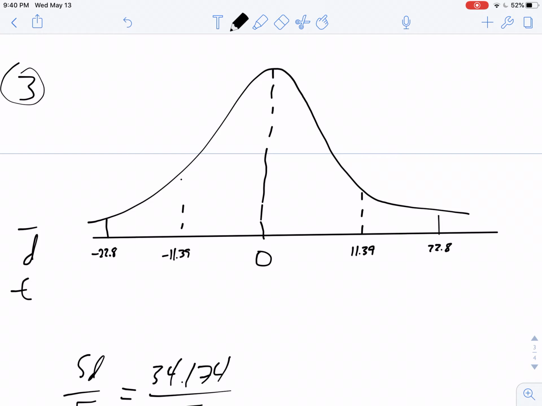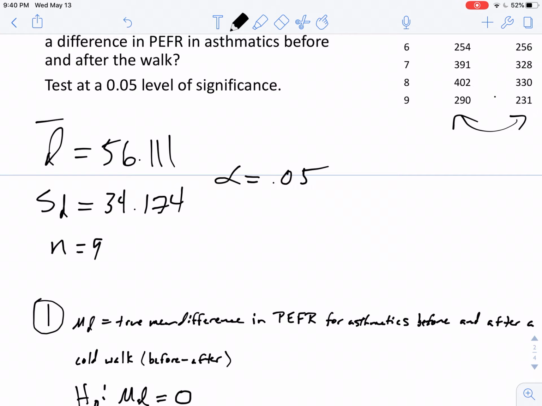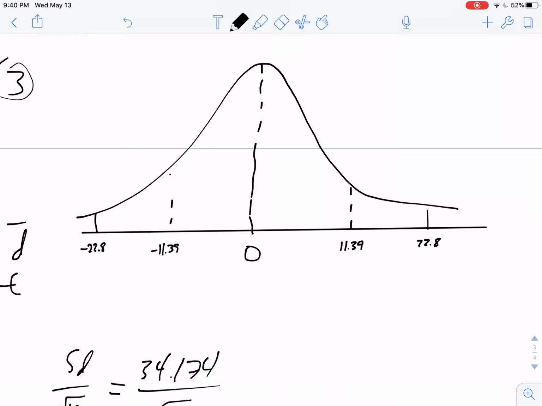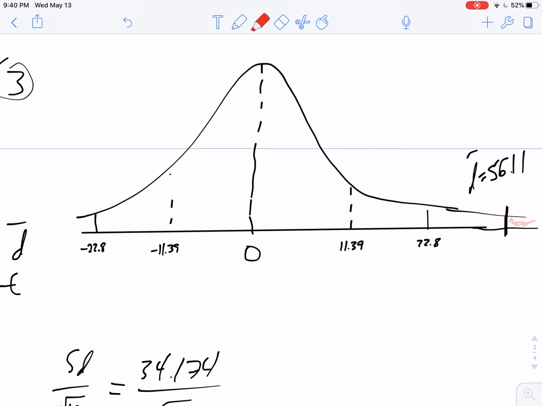All right, so remember that our d-bar value from that 1-var stat screen was 56.111. So if I'm trying to place that on this picture, it's going to be way over here. And I would then be shading to the right here. And because I'm doing a 2-tailed test, I'd do the same over here.